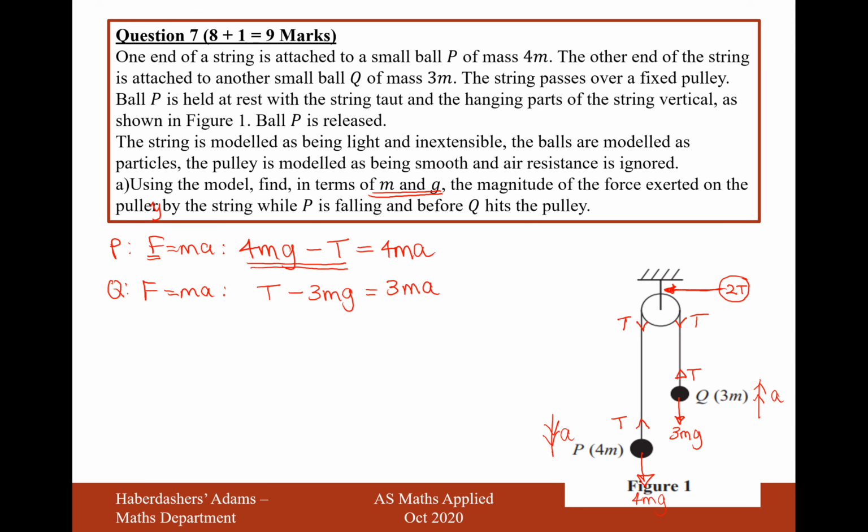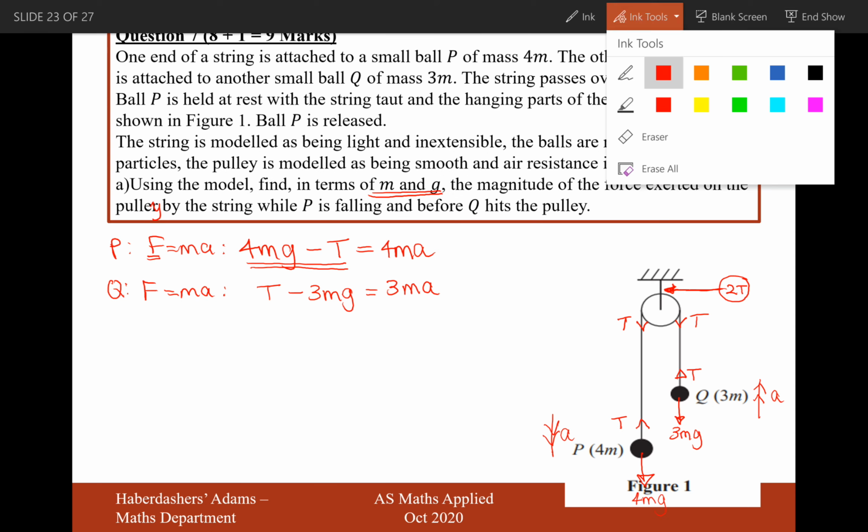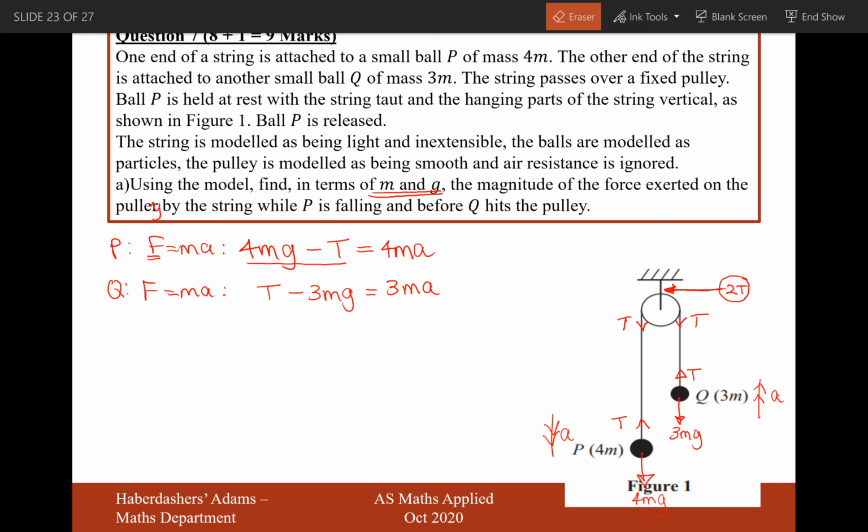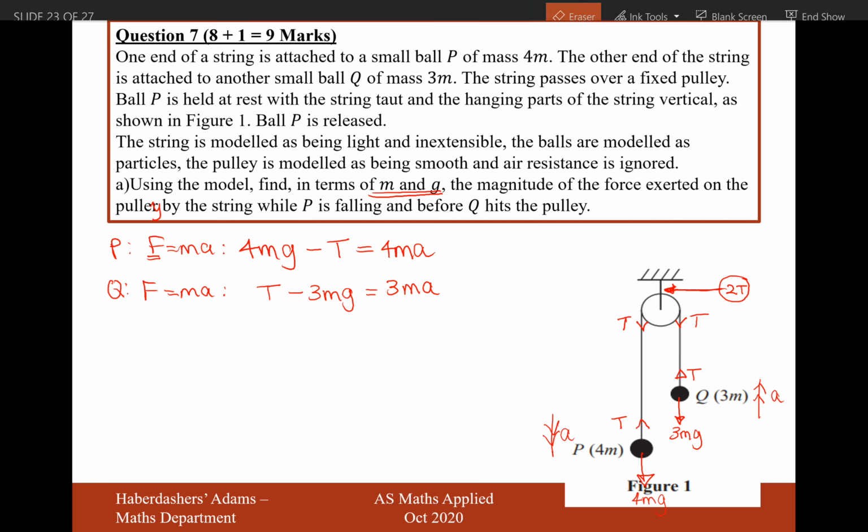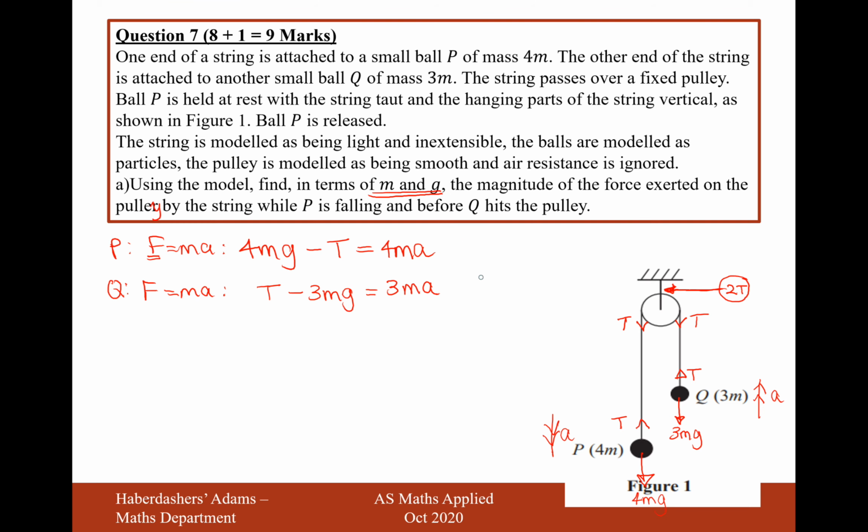Now eventually what we want to do here is work out what T is equal to. But at the moment, it might be more sensible to work out what a is equal to, because it's pretty easy if we add our equations together. If we add the equations together, we're going to get 4mg add minus 3mg, so that will just cancel out to a single 1mg.